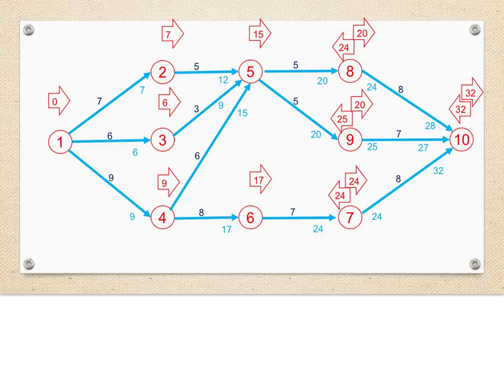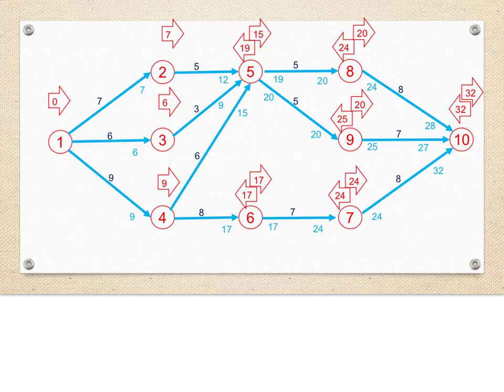These values then become the latest finish times of their preceding events. Again, we subtract the durations from the latest finish times to get latest start times of 19 days for task 5.8, 20 days for task 5.9, and 17 days for task 6.7.